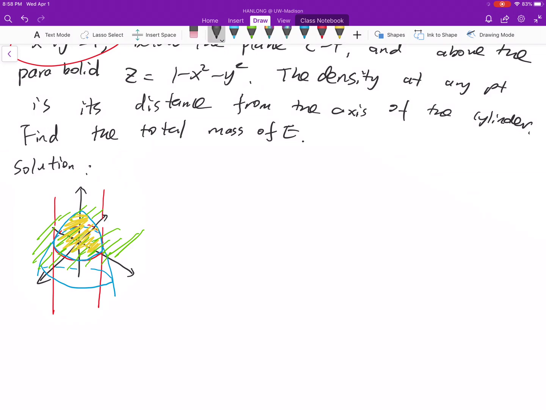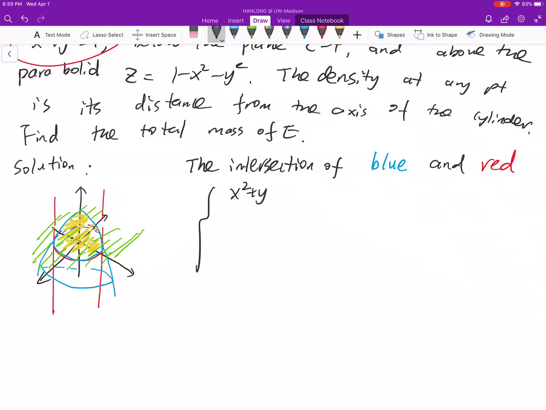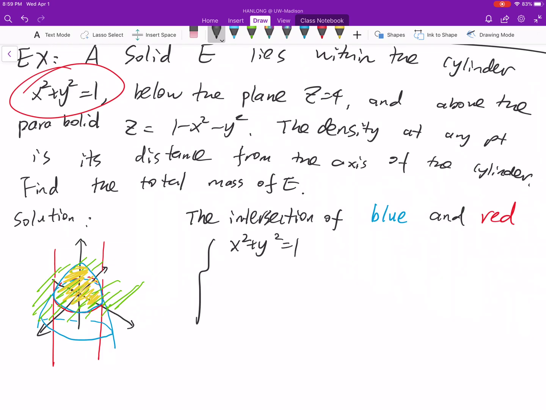Okay, then the region bounded by them is the yellow one, in between these three parts. And actually here you have some coincidence. That is the intersection of the blue part and the red part. So let's compute first. I will show you. So you have x squared plus y squared equals 1, and then z equals 1 minus x squared minus y squared.